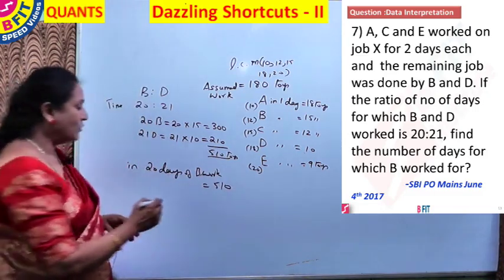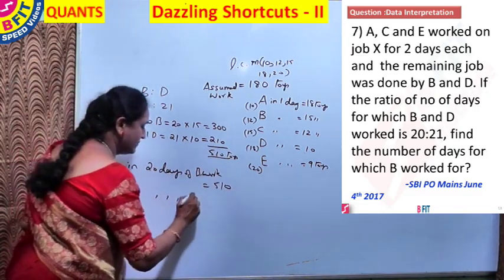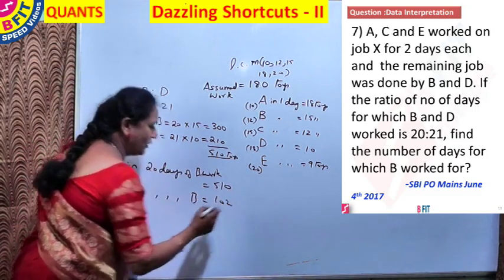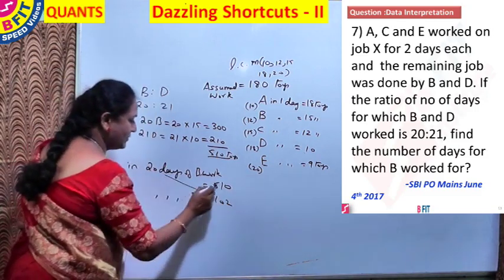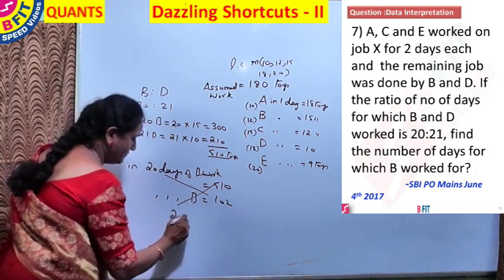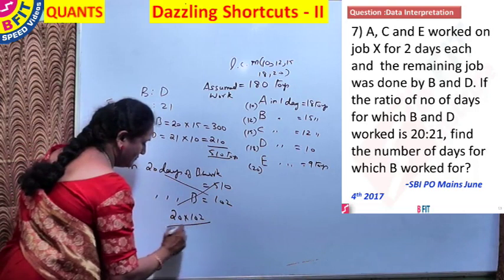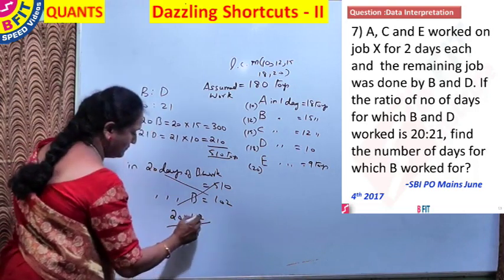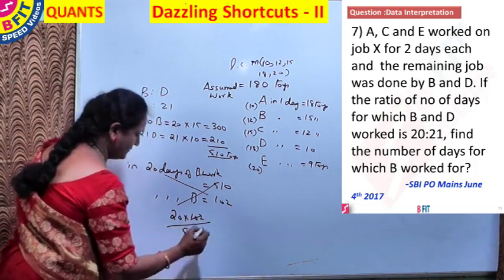But we need only the number of days for B to make 102 toys. So multiplying this by 102 and dividing by 510. So 5 times is 510.